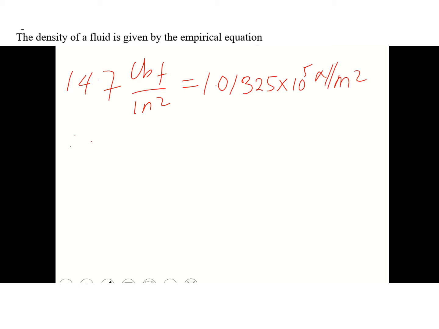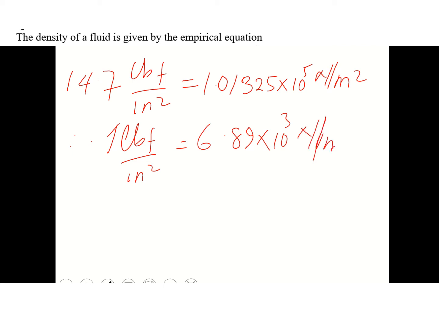So if you divide both sides by 14.7, 1 pound force per inch square is equal to 6.89 times 10 raised to the power 3 Newton per meter square.